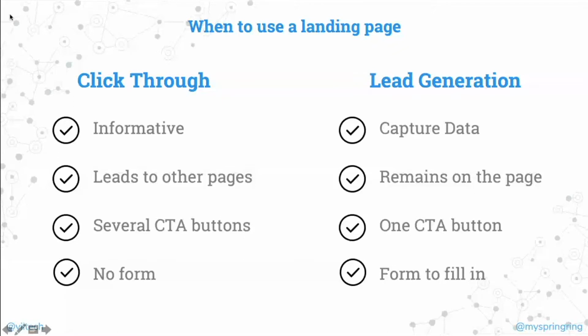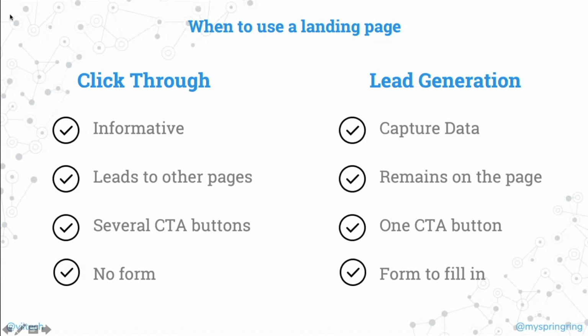It also has no form. So the difference, or I think the biggest difference, is a lead gen landing page comes up straight away with a form where you get to capture the customer's data, whether it's an email, a name, a phone number, depending on what you want to get from the customer or what you want them to do.